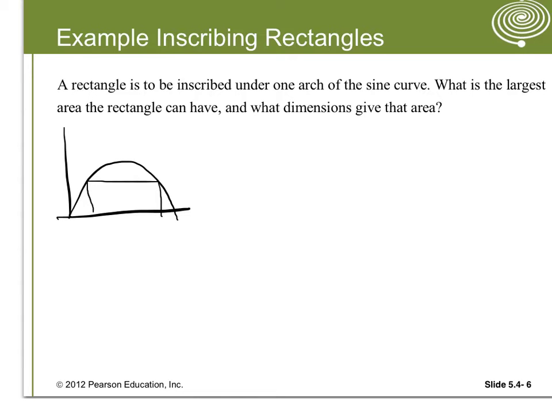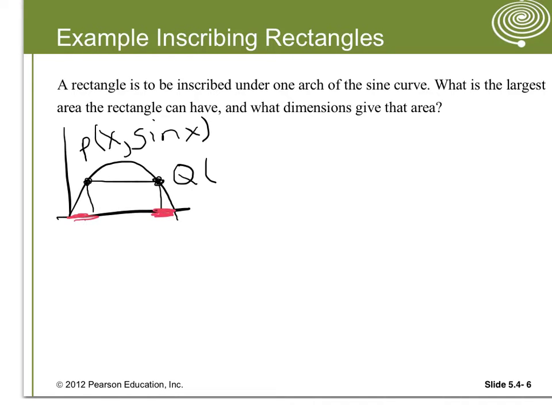So if this is my rectangle, a couple things I need to take note of. This point right here, let's call it P, has some x value and the y value of the sine of x because it's on my graph. Well, if this point right here is P, what can you tell me about this point right here? Well, we know that this value right in here is going to be the same as this value right in here.